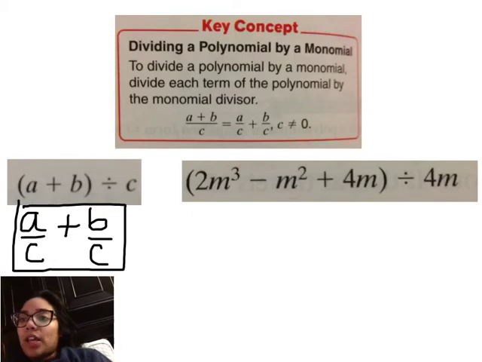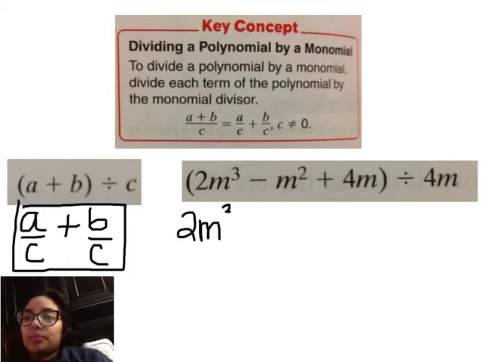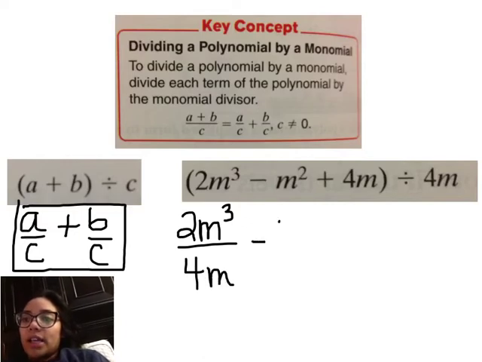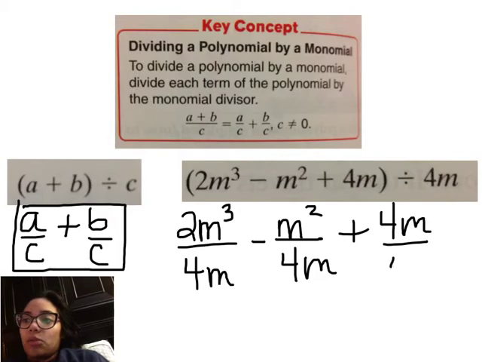Same thing with this one. I'm going to split it up so that 4m is underneath all of them. So I have 2m cubed divided by 4m, minus m squared divided by 4m, plus 4m divided by 4m.